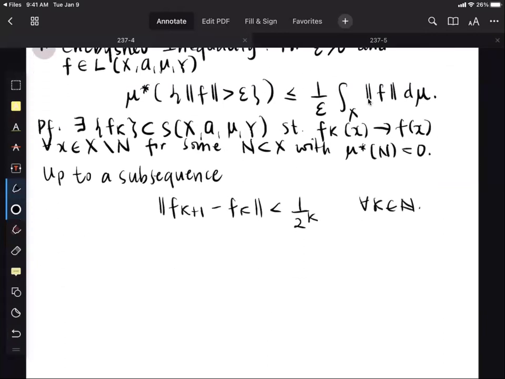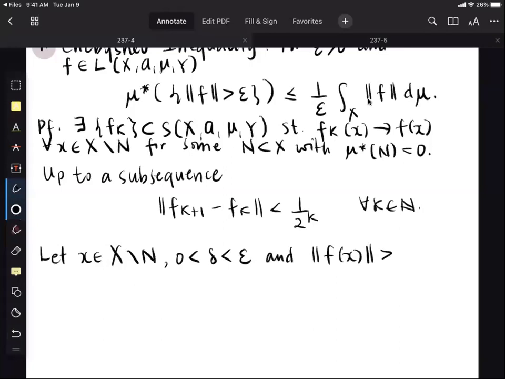Now, let us take a particular x not in N, take a delta less than epsilon, and the norm of f of x is greater than epsilon.